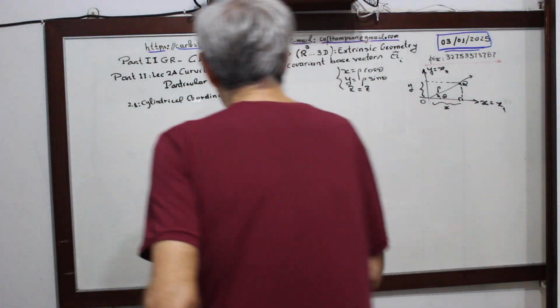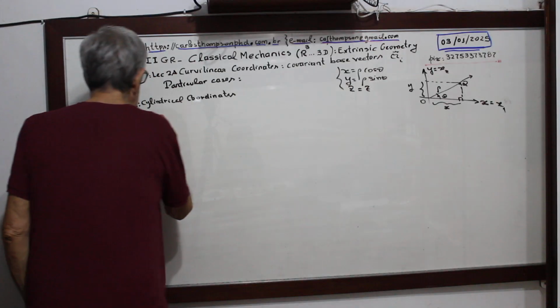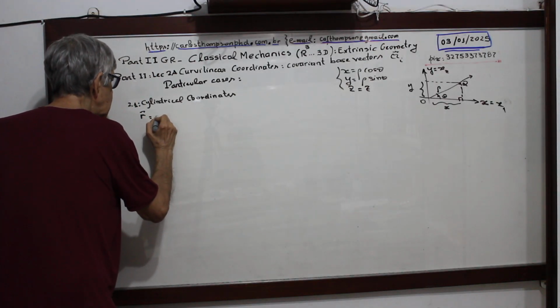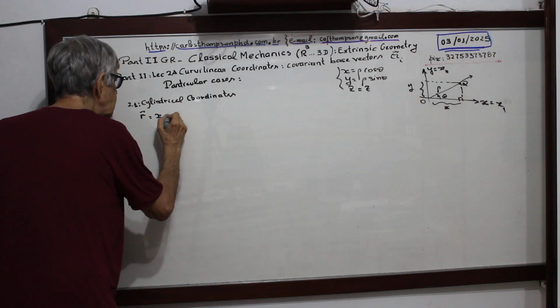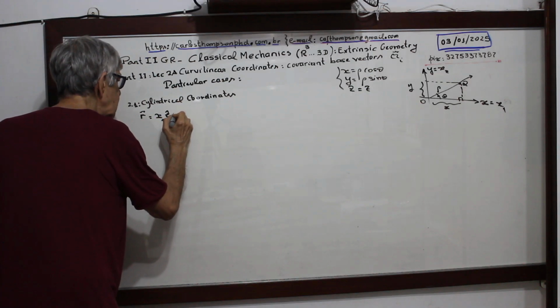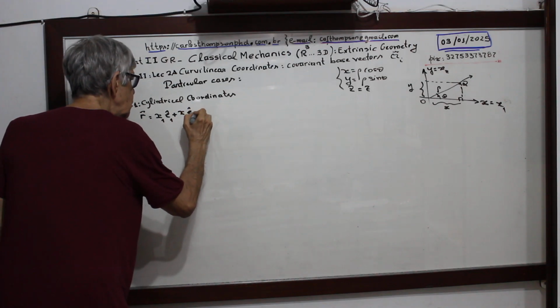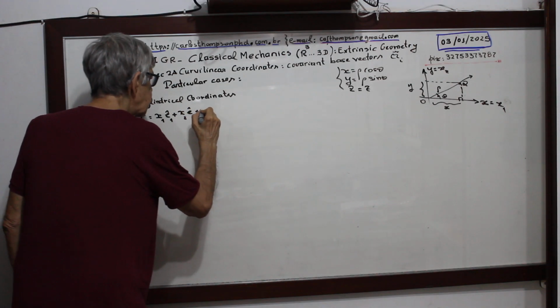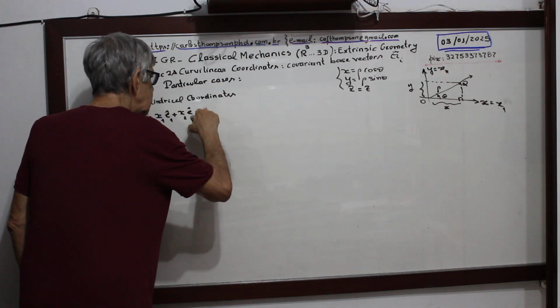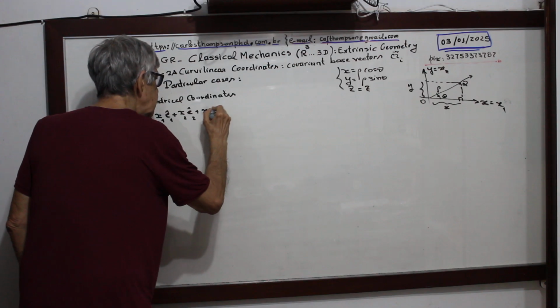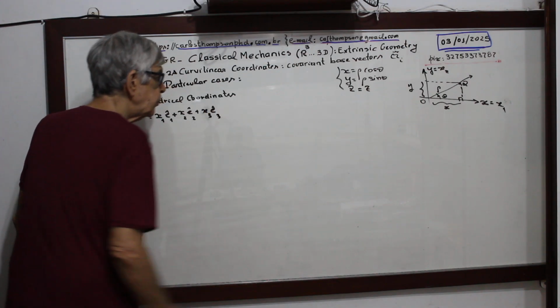So let's continue. You see, this vector position R is equal to x1 e1 plus x2 e2 plus x3 e3.